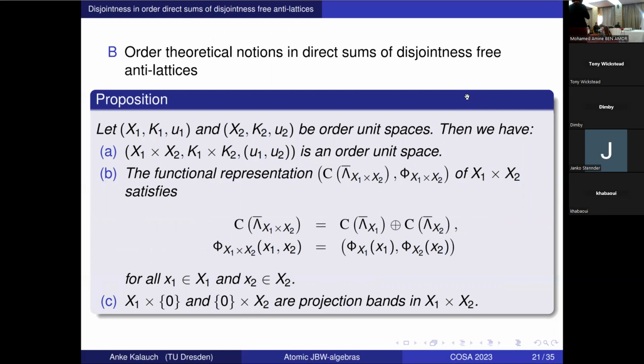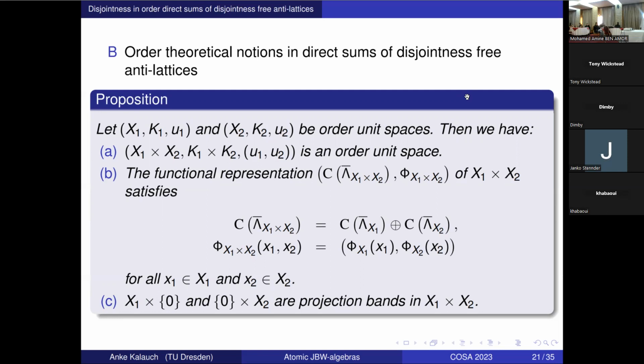Now the representation theorem of atomic JBW algebras says that every atomic JBW algebra is in fact the direct sum of those factors. So let's investigate what happens there. Let's start simple.